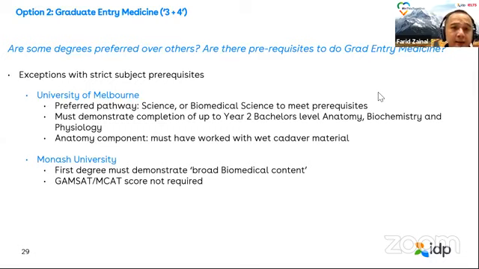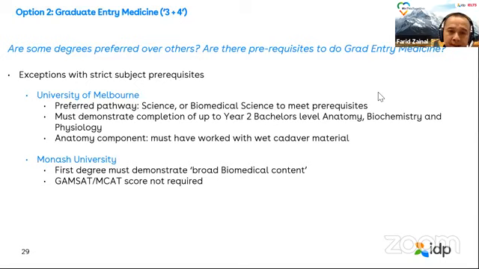Okay, having said that, there are some university programs that would prefer candidates to have done certain subject prerequisites. All right, so for example, the University of Melbourne, their preferred pathway is the Bachelor of Science or the Bachelor of Biomedical Science. Or in fact, the university itself offers the Bachelor of Biomedicine, right?